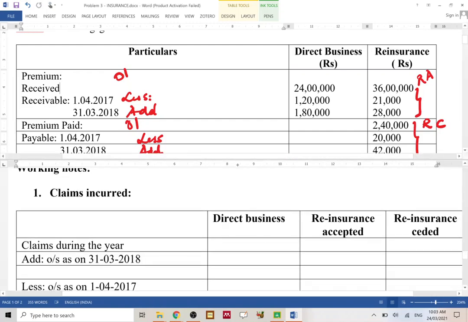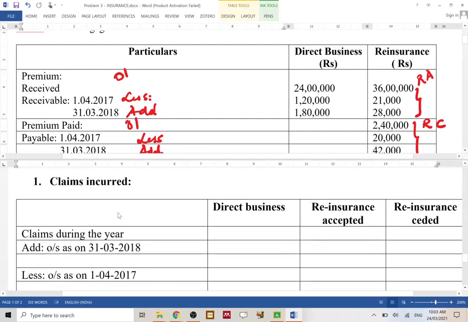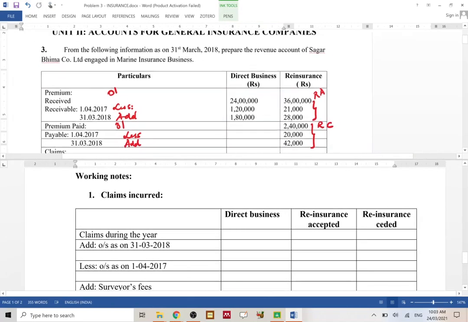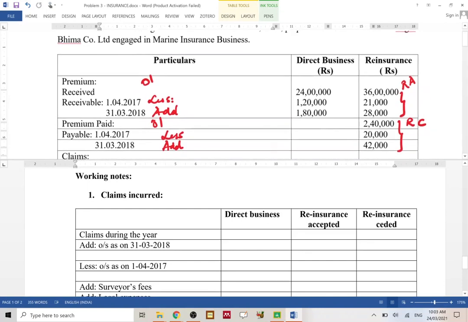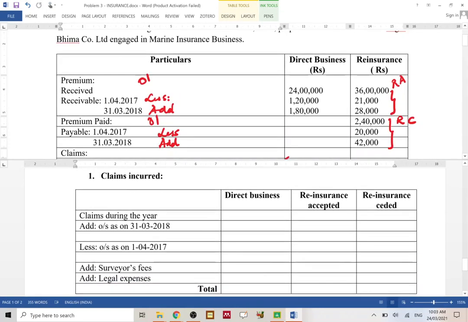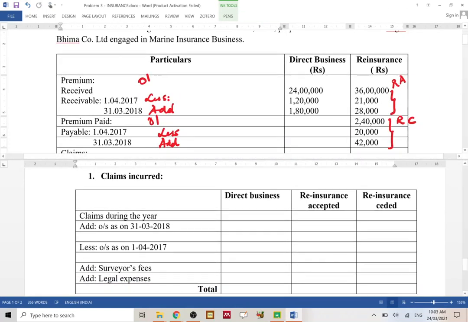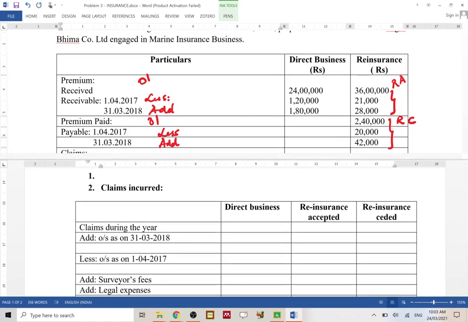Is that fine? So in this working note here, the last time we had dealt with claims incurred. Just leave this over here. Similarly, we are going to do a working note for premiums.